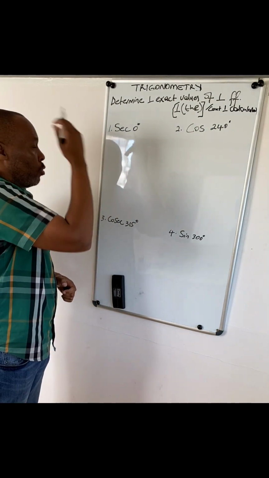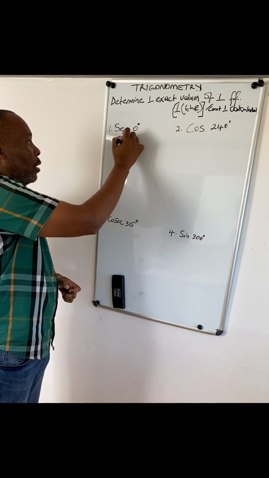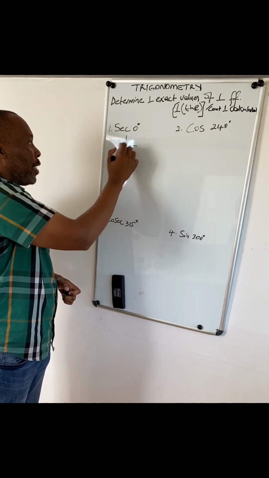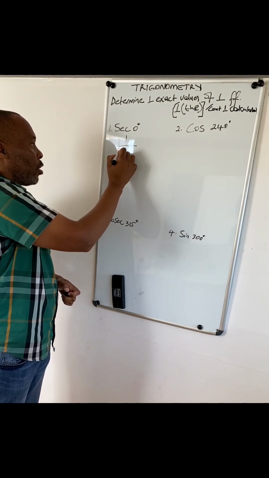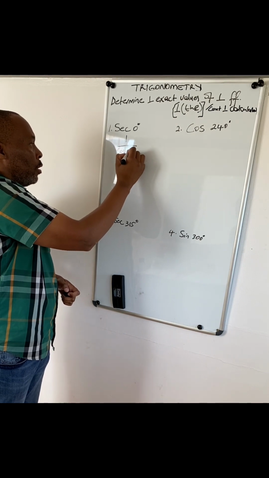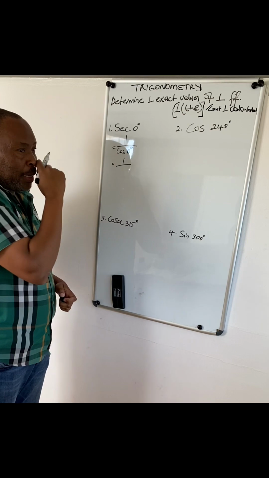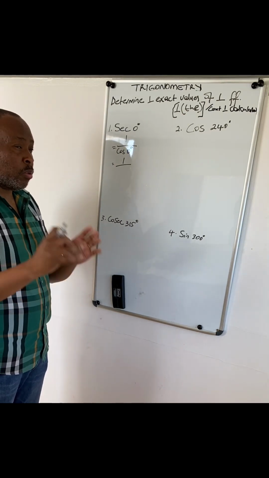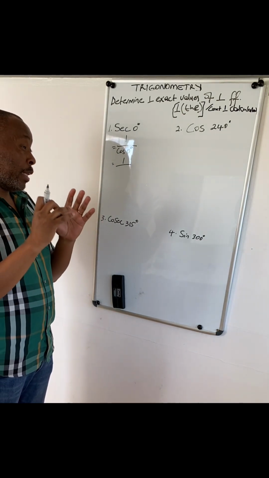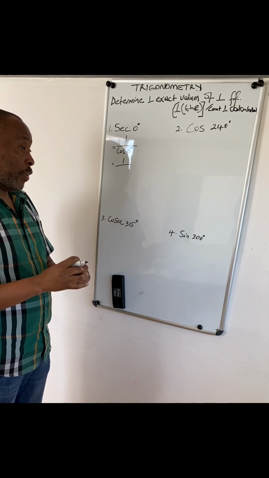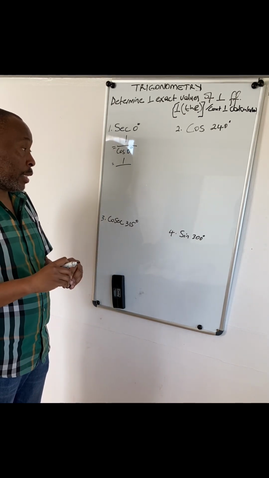First, we need to use its reciprocal. 1 over sec is cos 0 degrees. So we have 1 over cos of 0 degrees. We look at 0 degrees, we look at the x value, and the x value at 0 degrees is 1.